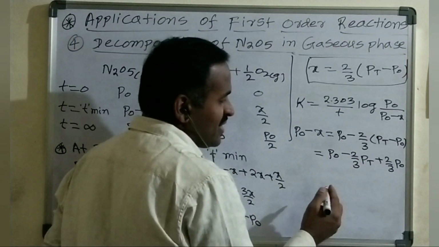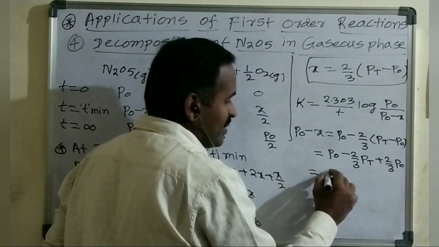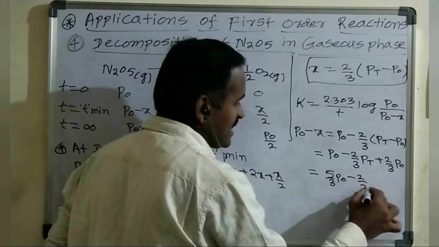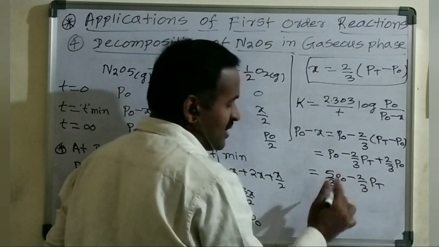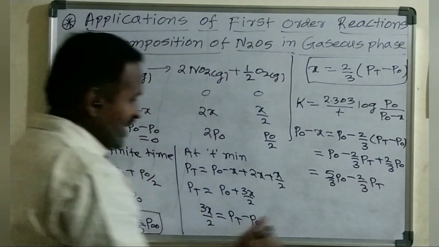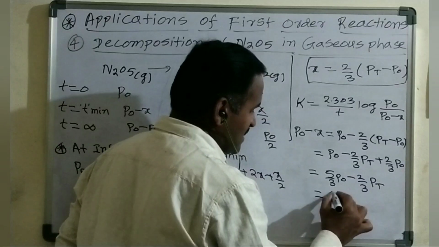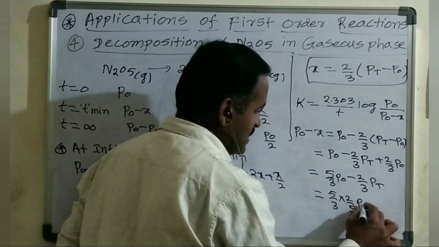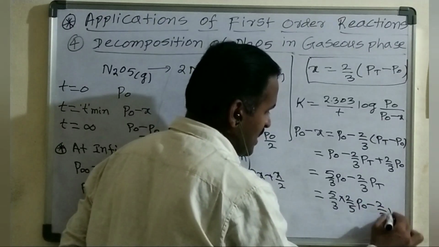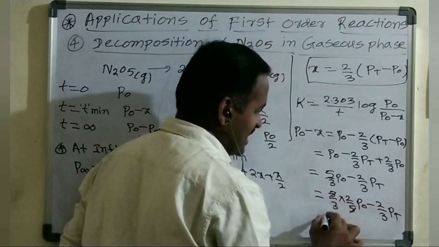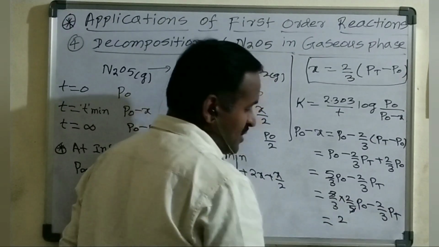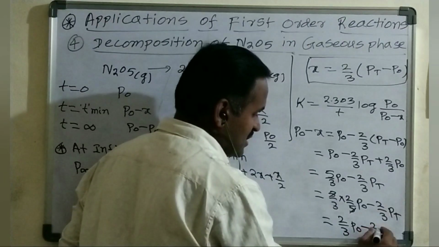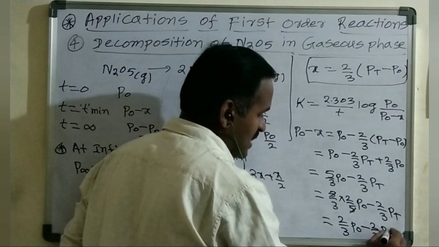Actually this is going to be 5 by 3 P naught minus 2 by 3 P total. P naught you can substitute as 2 by 5 P infinity, so 5 will get cancelled, and simply you can take 2 by 3 P infinity minus 2 by 3 P total.